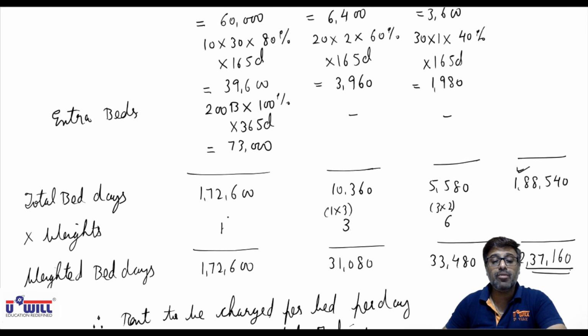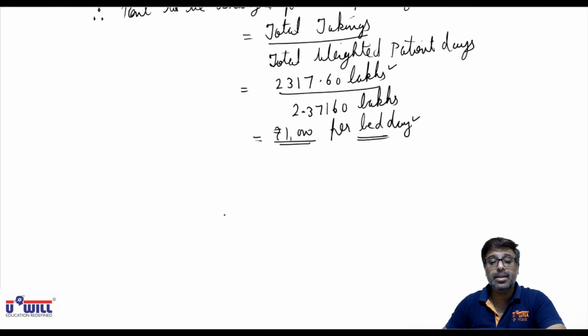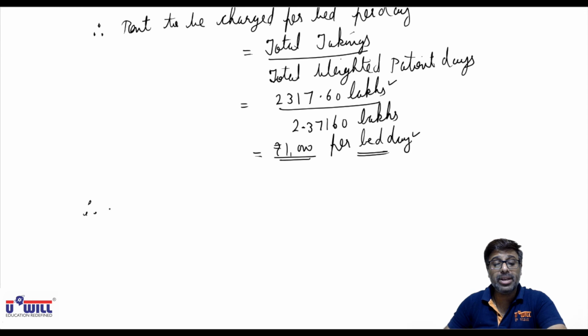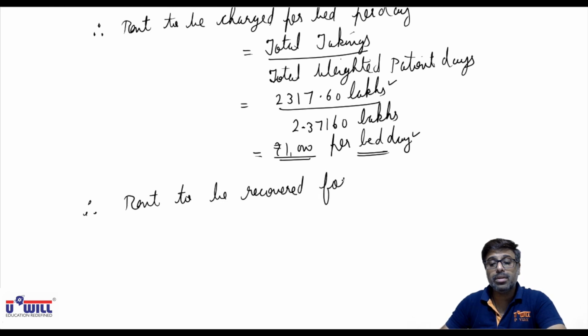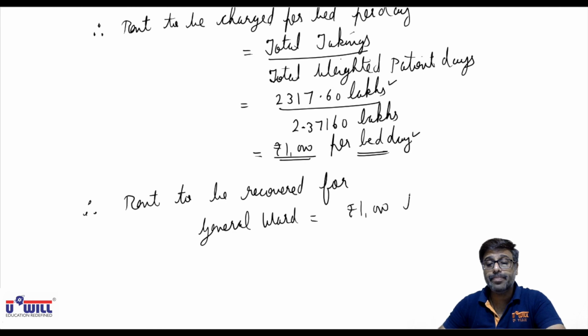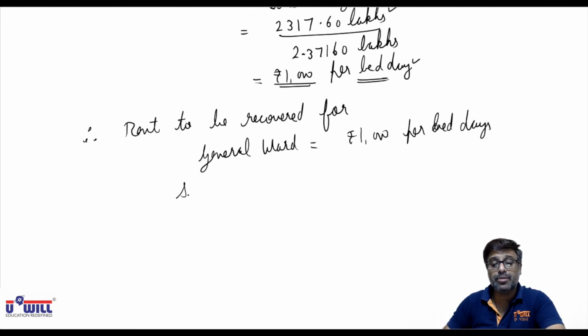Now for general ward, the weight is 1 only. So what is the rent to be recovered for general ward? We get 1000 per bed day. Now for semi-deluxe ward, we have to recover 3 times of that.